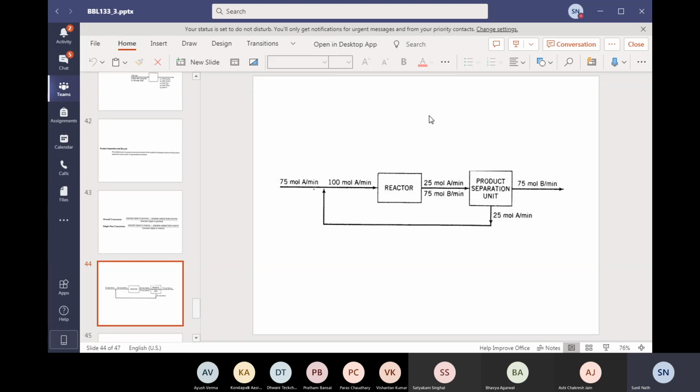Whatever A is not there, you are immediately recycling. So the overall conversion would be less than or equal to 100%, and single pass will always be lower than the overall conversion. These are the two, and we can actually prove that.